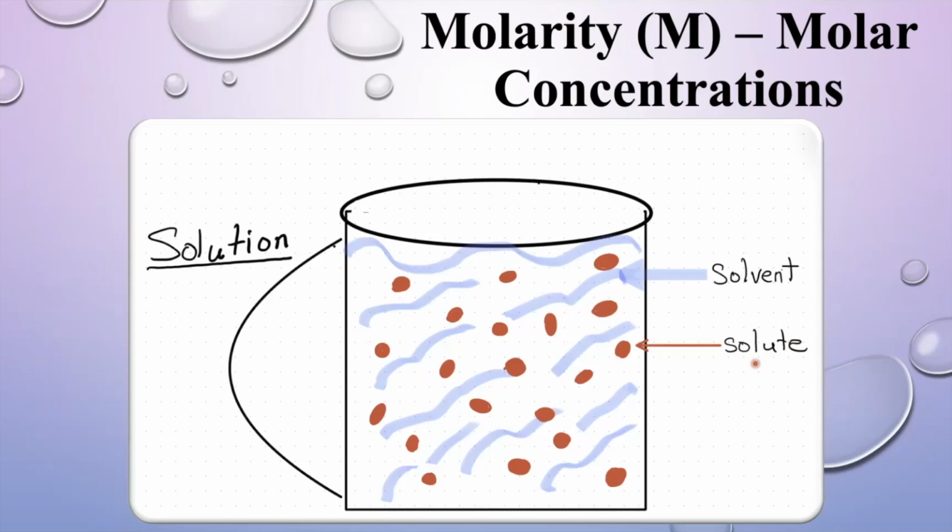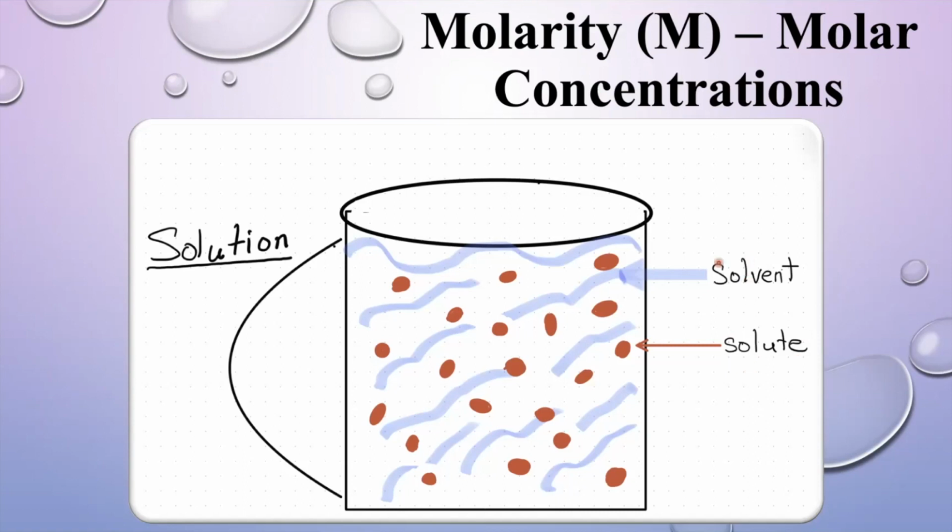Or it could be smaller molecules, such as OH, a hydroxide. Or it could be larger molecules such as glucose, fructose, types of sugars, proteins, and such. So really the solute is any dissolved compound, molecule, or atom that is dissolved in a solvent.